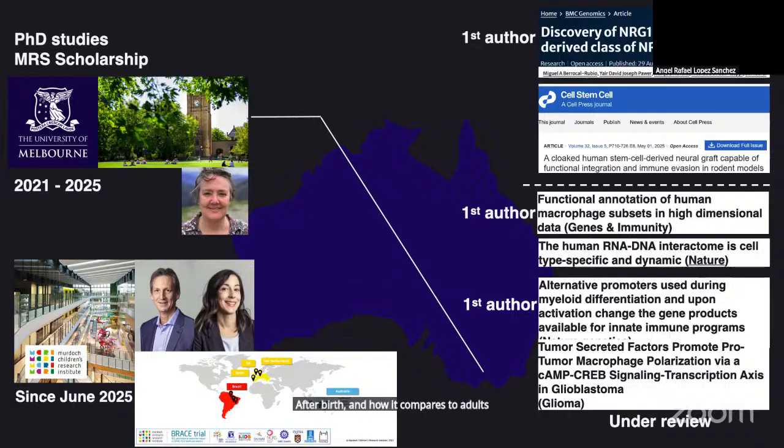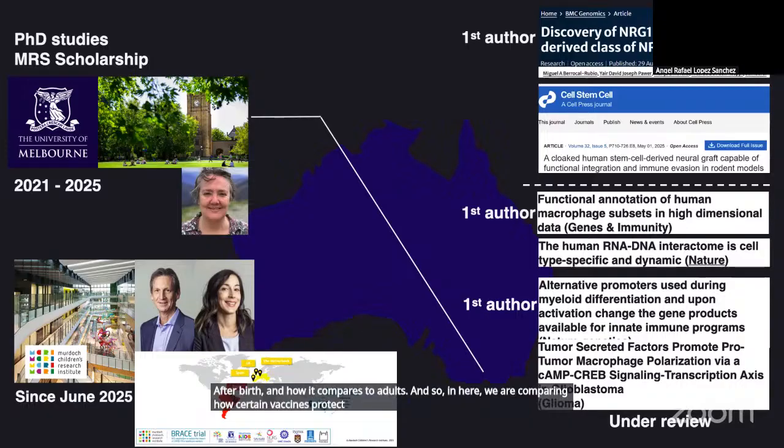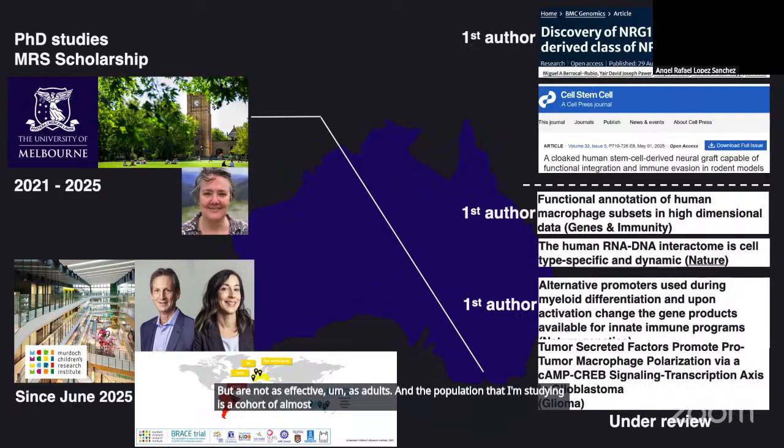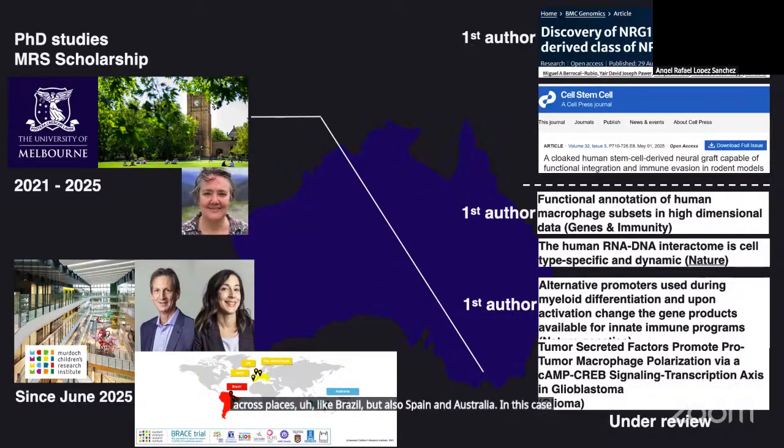Here, we are comparing how certain vaccines protect babies as they're just born, but are not as effective as in adults. The population that I'm studying is a cohort of almost 7,000 participants across places like Brazil, but also Spain and Australia. In this case, we are trying to protect our people and using these vaccines for off-target beneficial effects.